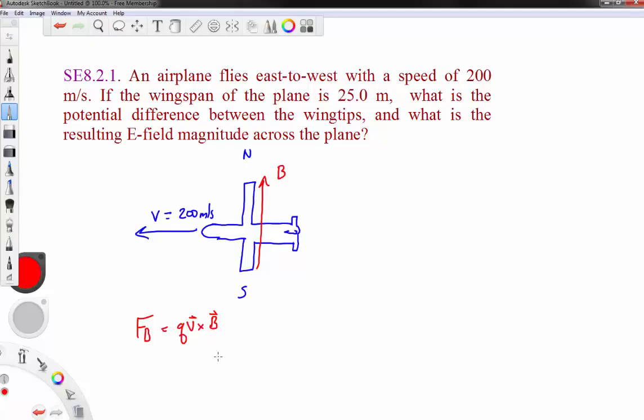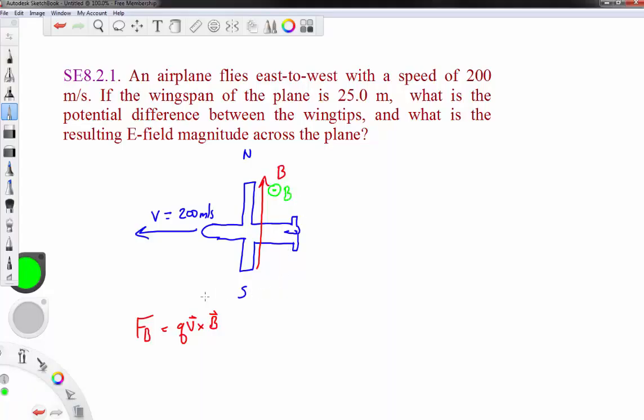We're going to assume instead that the plane happens to be flying over one of the two poles of the Earth. So if that's the case, then your magnetic field actually is more like this.